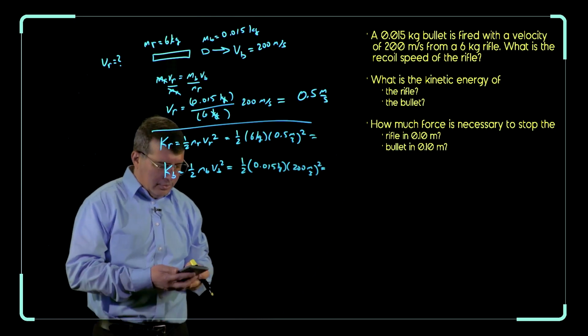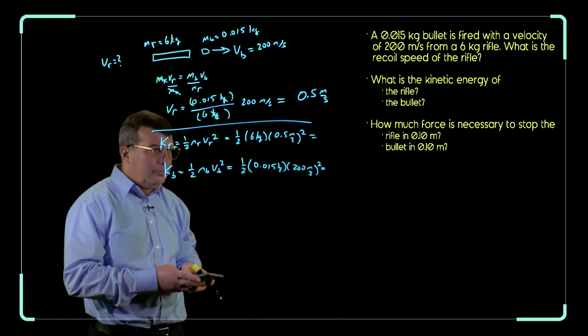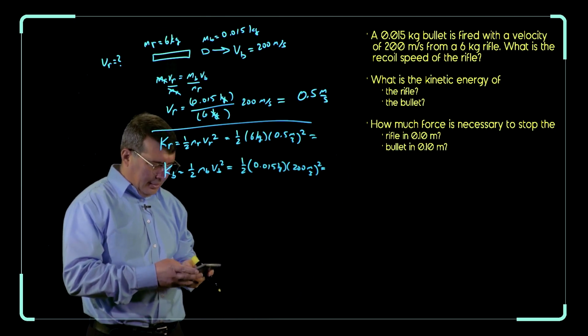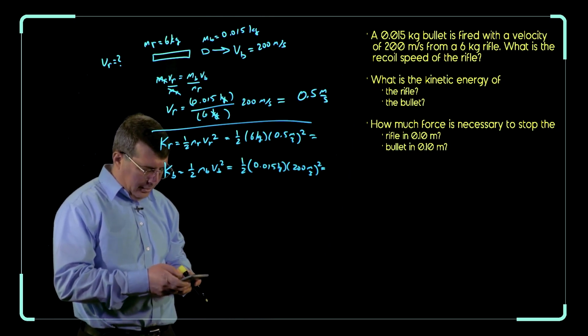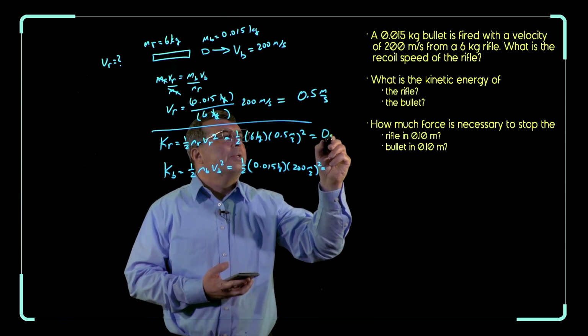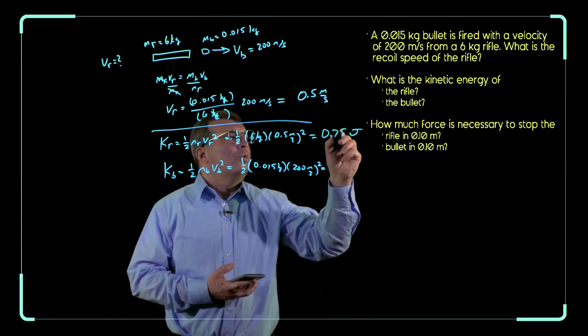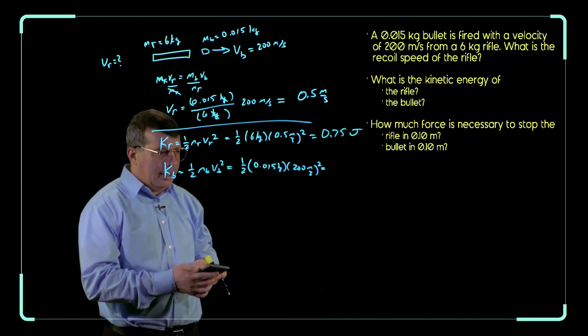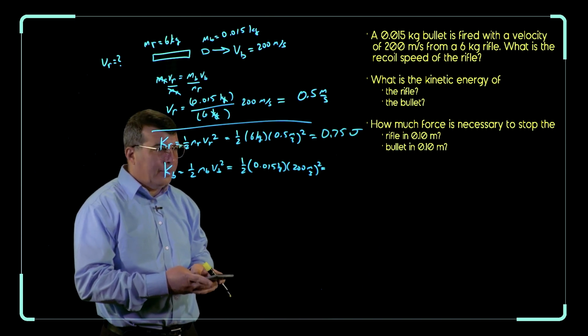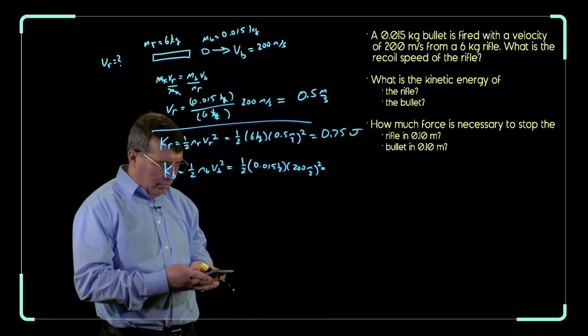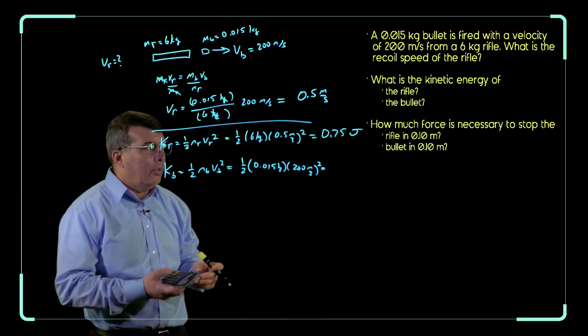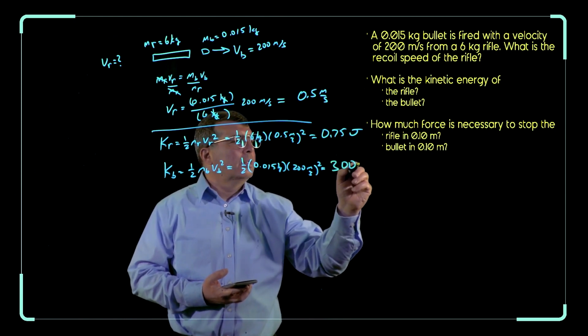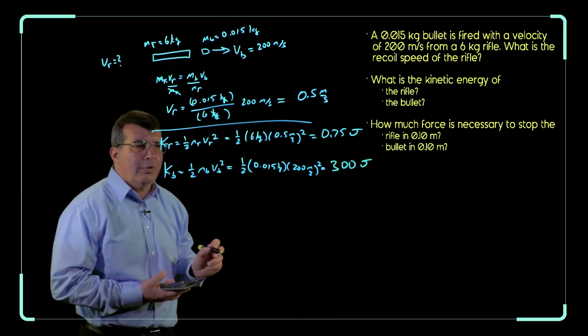Alrighty, and what are those? 1/2 times 6 times 1/2 squared is 0.75 joules of kinetic energy for the rifle, and 1/2 times 0.015 times 200 squared, that would be 300 joules of kinetic energy for the bullet.